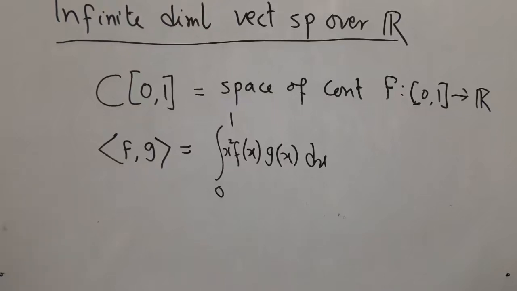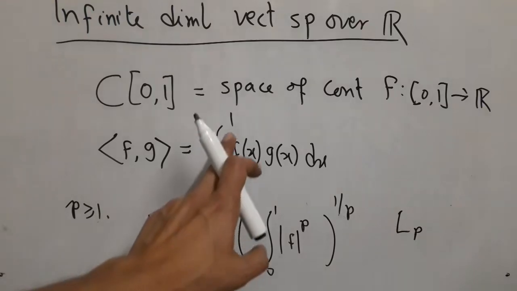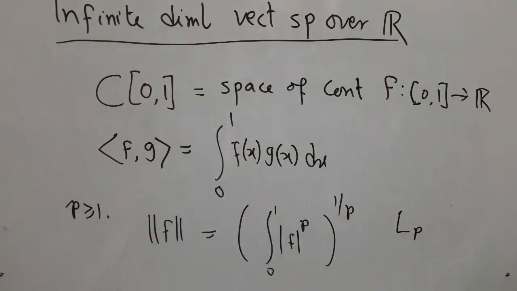And here also I can define the LP norms. So you take the absolute value of f, raise it to the power p, integrate over 0 to 1, and finally take the pth root. That will be the LP norm, and as before, only one norm in this family will be induced by an inner product, and that will be the L2 norm, which will be induced by this inner product.